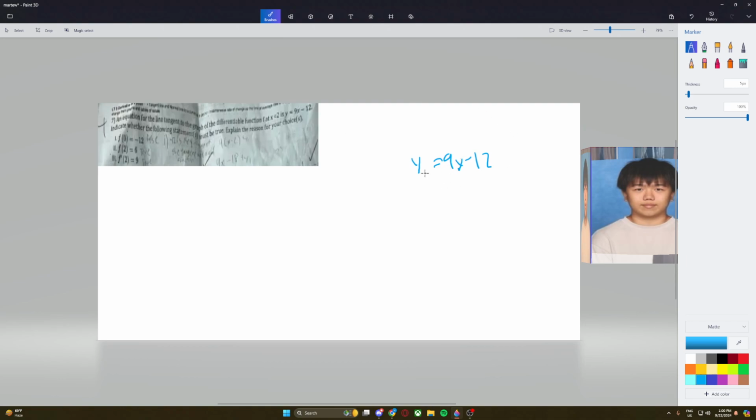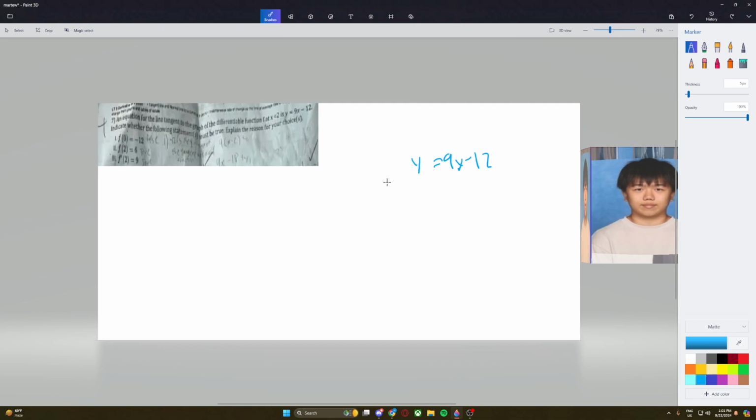Okay. f of 0 is negative 12. This is false because it does not necessarily have to be negative 12. In fact, if it was negative 12, then the line would be tangent at 2 points of f, which shouldn't be true because a tangent line touches only 1 point, not 2.